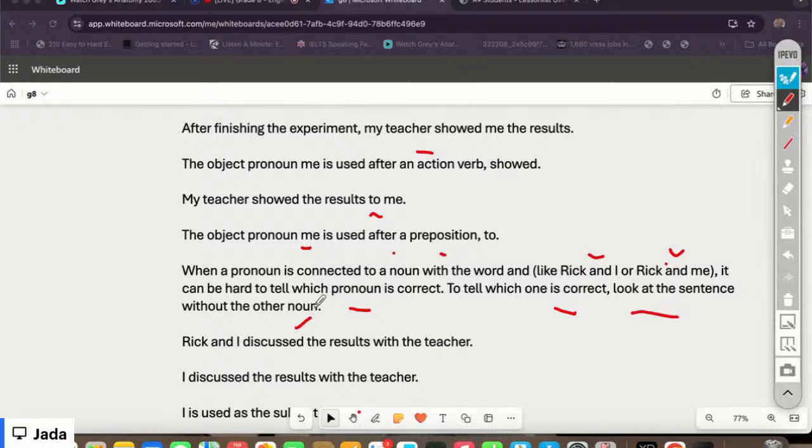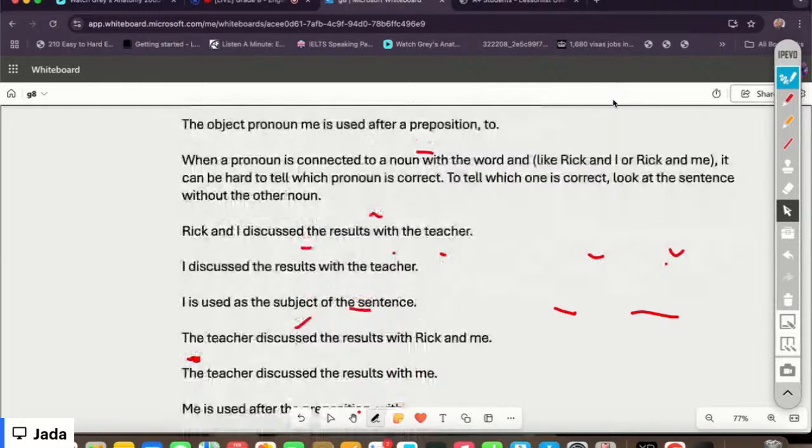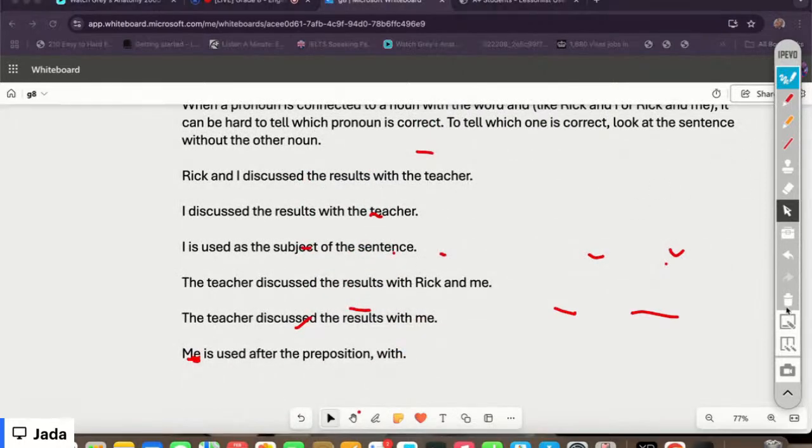So you look at the sentence without the noun, like Rick and I discussed the results with the teacher. Then you remove the noun, which is the name of the person, and then you say I discussed the results with the teacher. So you see that I is used as the subject of the sentence, and it works.